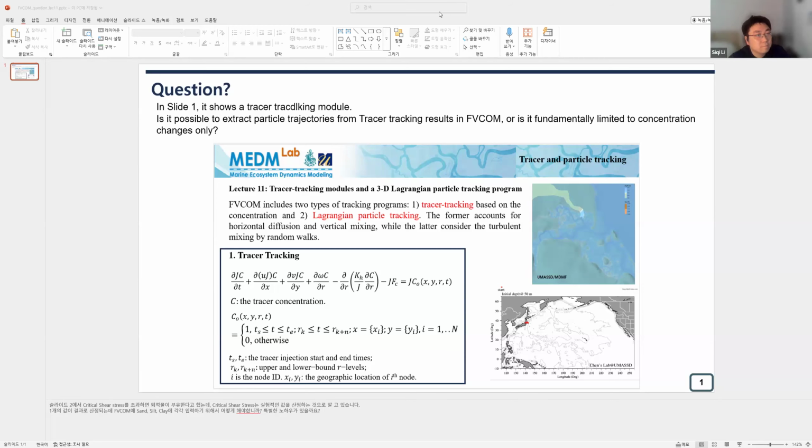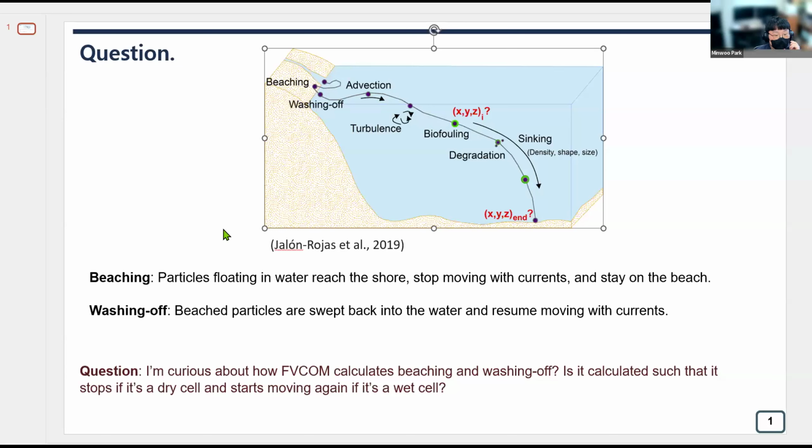Thank you. I have a question. Can I share my screen? Yes, please. I think that when simulating a particle tracking model in a coastal area, whether particles stay on the beach is an important factor.